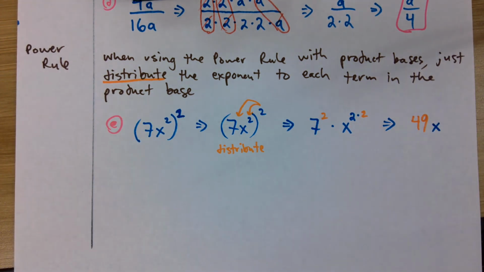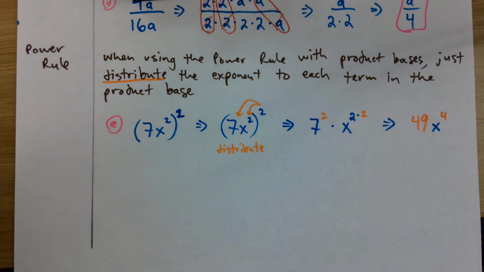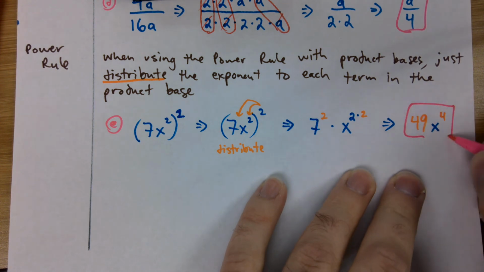X stays the same, and our new exponent, 2 times 2, is 4. So our final answer here is 49x to the 4th.